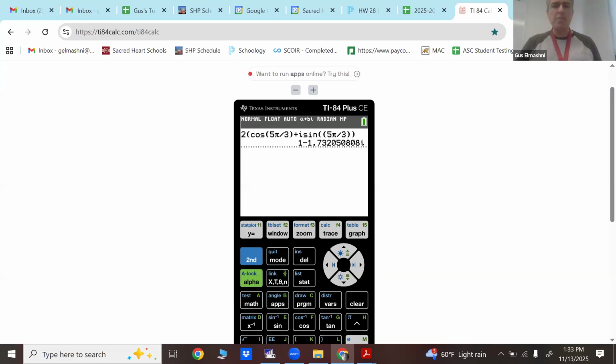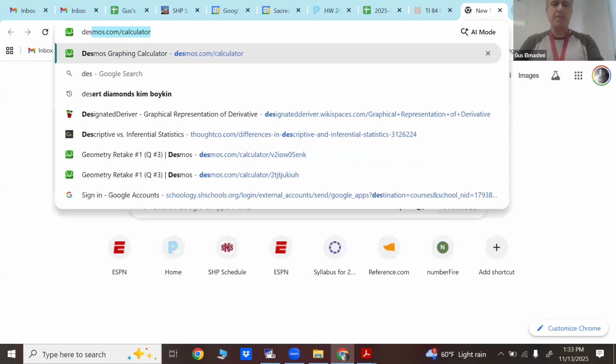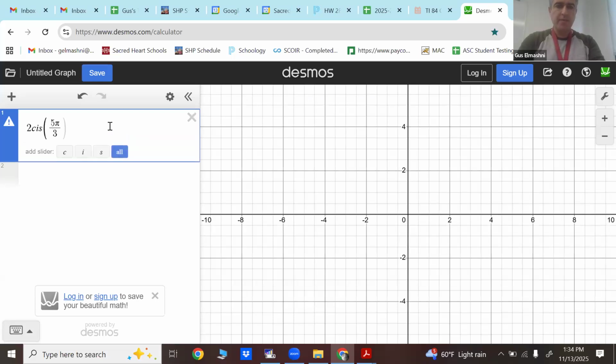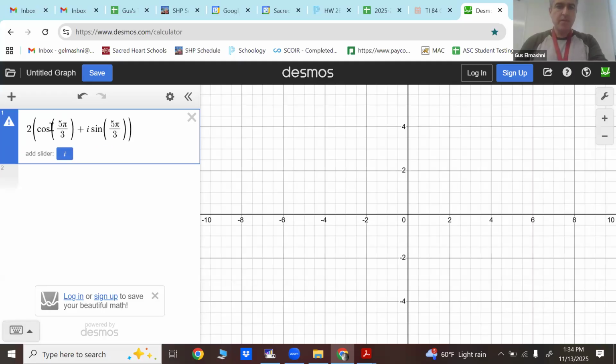If you go to Desmos, you might be able to do cis. Let's see here. If I do 2 cis 5 pi over 3. No, it doesn't like cis. It doesn't know what to do with that. Should talk to Desmos about that. Cosine 5 pi over 3 plus i sine. That's dumb. Why does it ask for a slider?